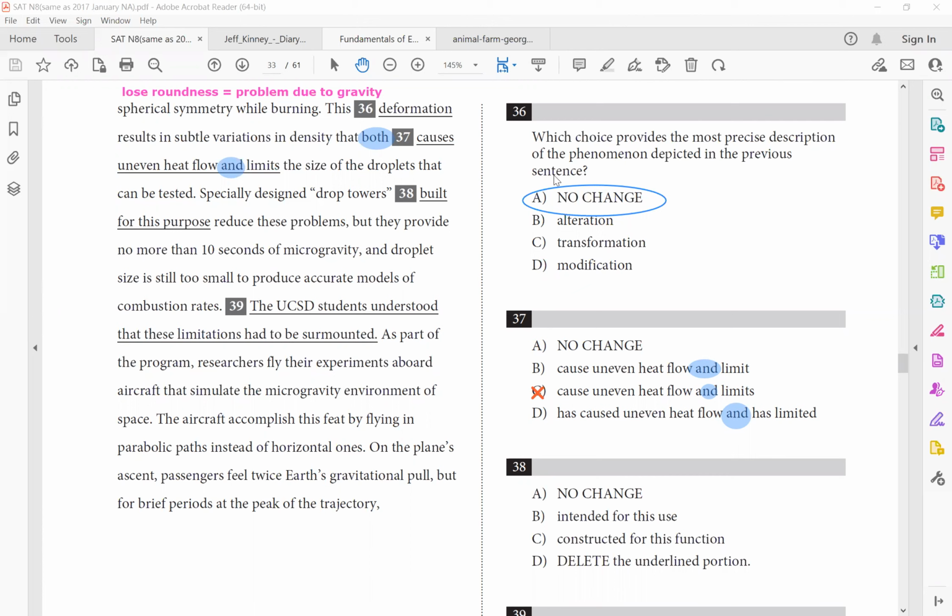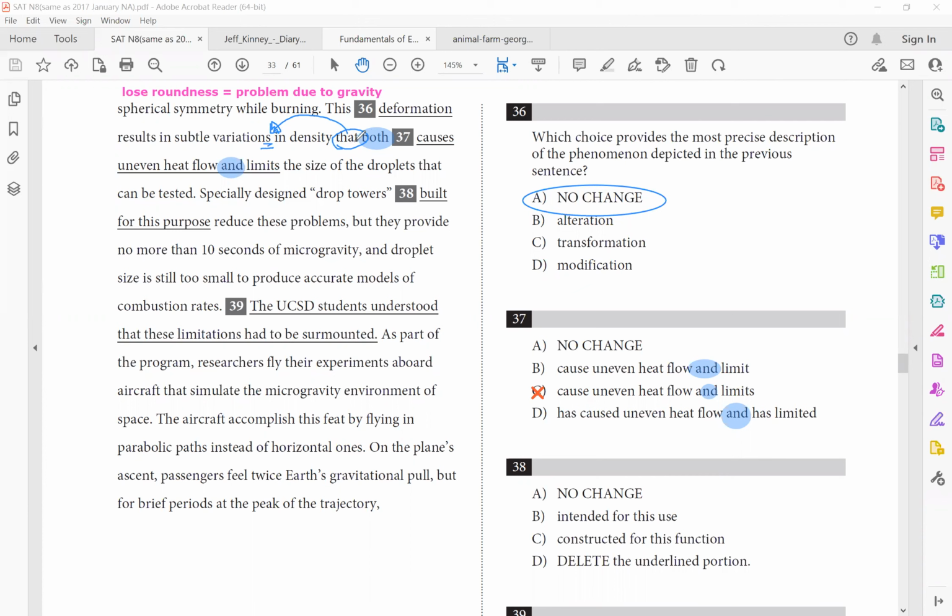Now, what are we referring to? It depends on what the that is referring to, and that is referring to our subtle variations in density. So variations is a plural noun. That is why whenever you see a relative pronoun, you need to find the antecedent directly.